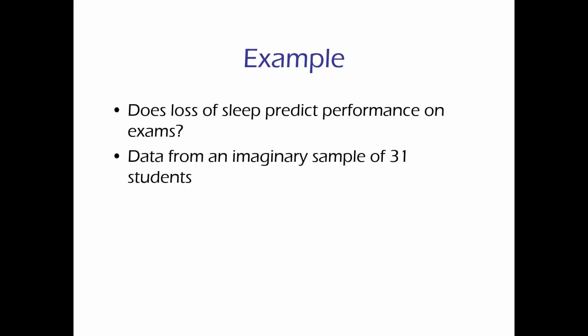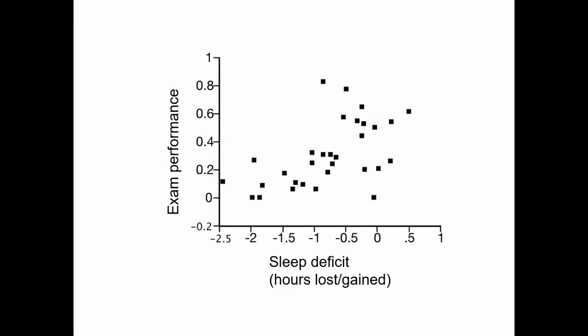Now, let's do the calculation using the example here. In this case, we studied the relationship between loss of sleep and performance on the exam. We want to know whether loss of sleep will influence the exam performance, and we created an imaginary sample of 31 students. The data is shown here in the scatter plot, where the x-axis is the sleep deficit and the y-axis is the exam performance.